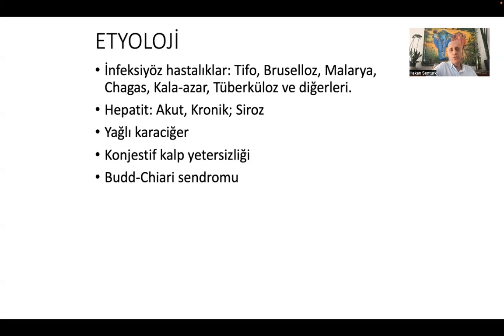What are the etiologies of hepatomegali? So once we diagnose hepatomegali or discover hepatomegali, this is not a disease in itself, it's a physical finding. We should find the etiology. It may be due to infectious diseases like typhoid fever, brucellosis, malaria, some parasitic diseases, rare diseases, Chagas, Kala-Azar, or tuberculosis.